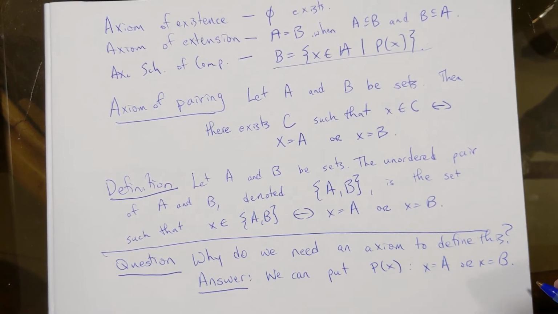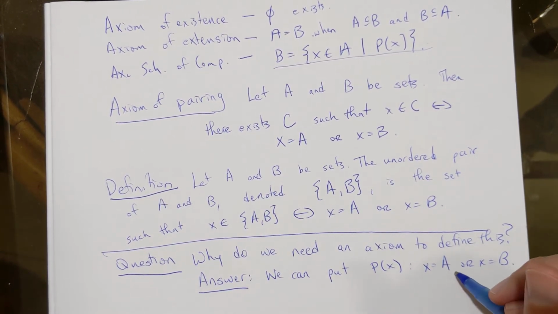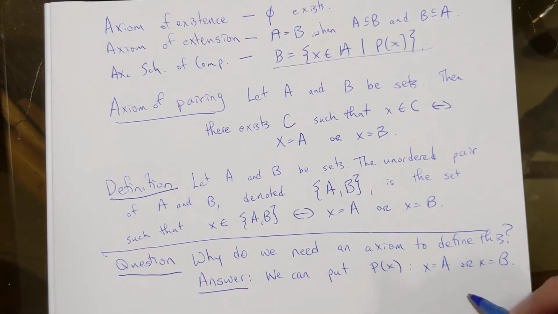We know that assuming that all sets live in some universe of sets leads to a contradiction. So we need this axiom to guarantee us that if A and B are sets, we can find a set which contains them both. The set that we get doesn't contain everything, just these two things.